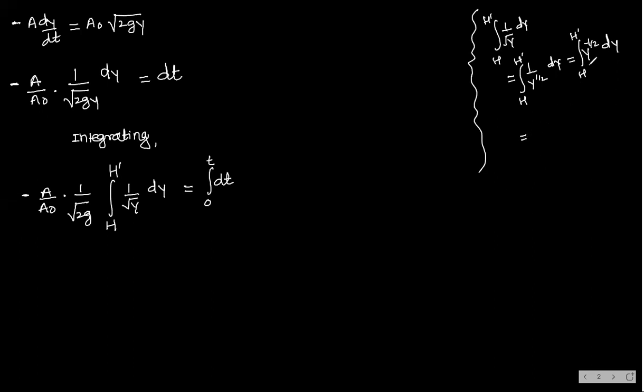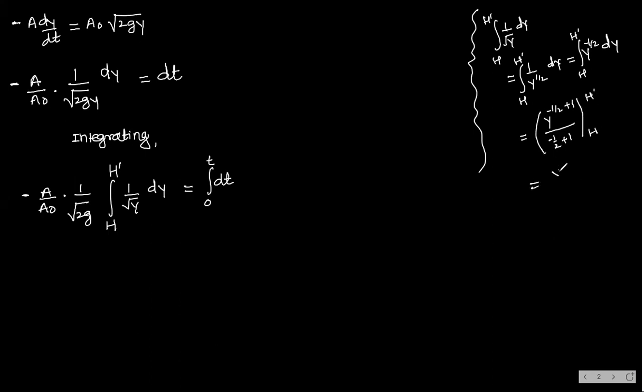Now our formula for x power n dx, what you will get? y power minus 1 by 2 plus 1 divided by minus 1 by 2 plus 1, and this is from h to h dash.